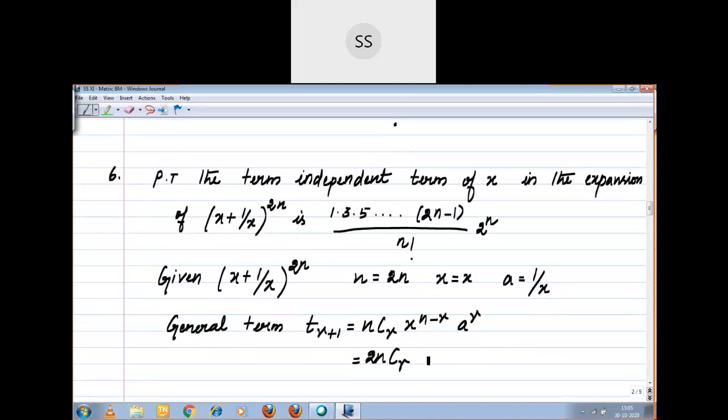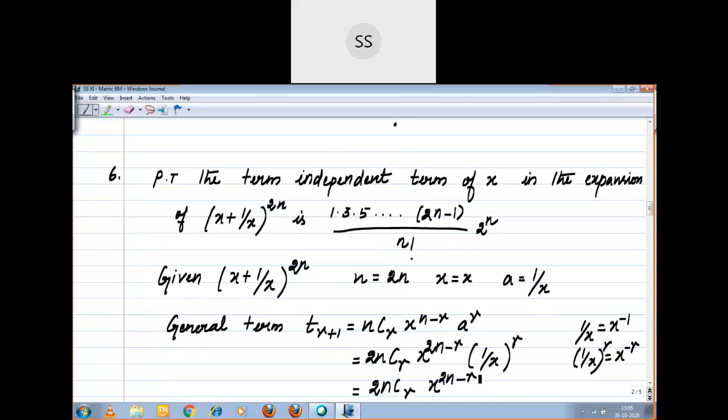General term TR plus 1 equal to NCR x power n minus r into a power r. Here what is your n? N is 2n, x is x, a is 1 by x. That you are going to replace, right? N can be replaced by 2n, CR, x can be replaced by x, n can be replaced by 2n minus r, 1 by x, the whole power r.